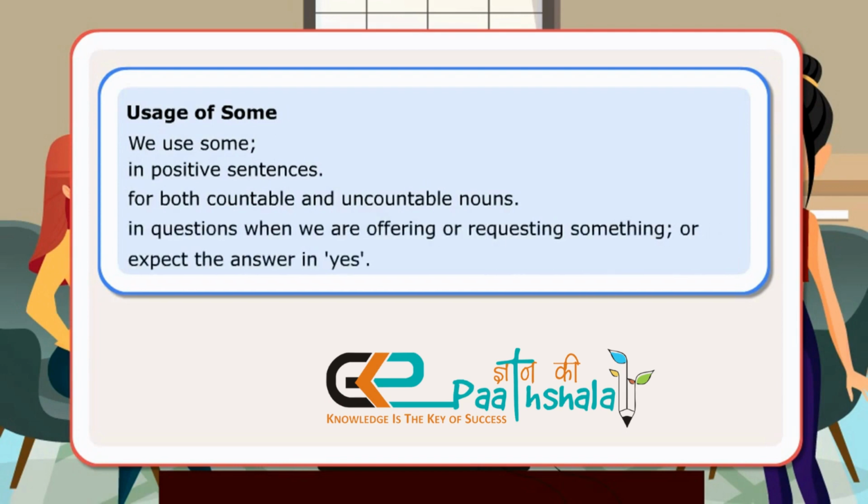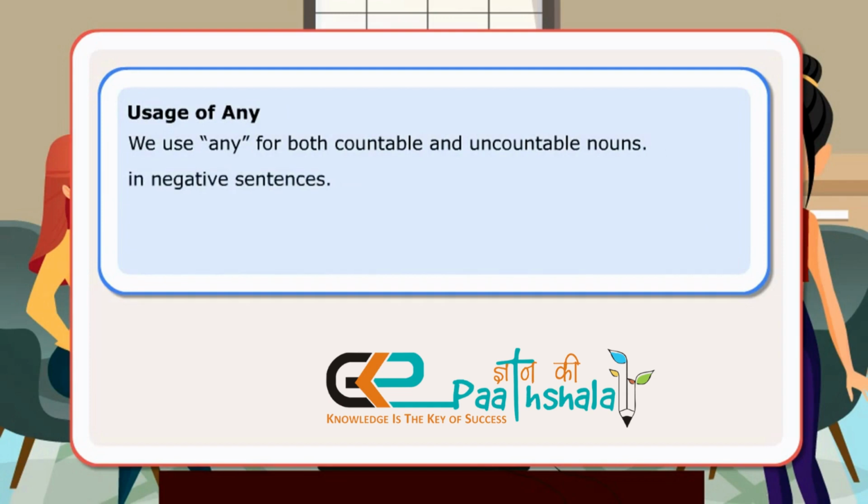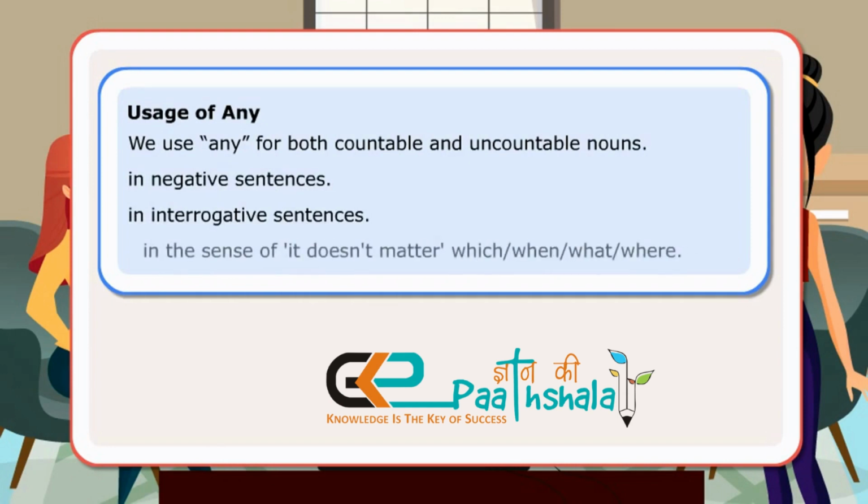In questions when we are offering or requesting something or expect the answer in yes. Usage of any. We use any for both countable and uncountable nouns. In negative sentences. In interrogative sentences. In the sense of it doesn't matter which, when, what, where.